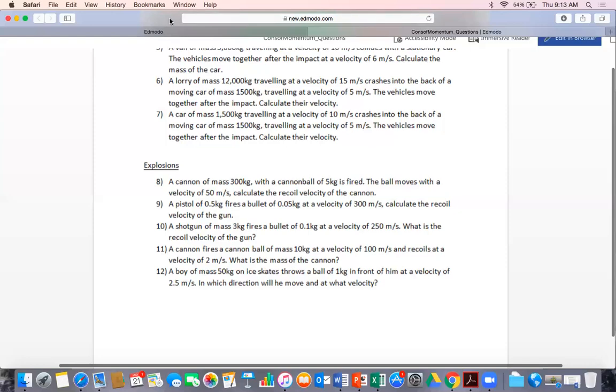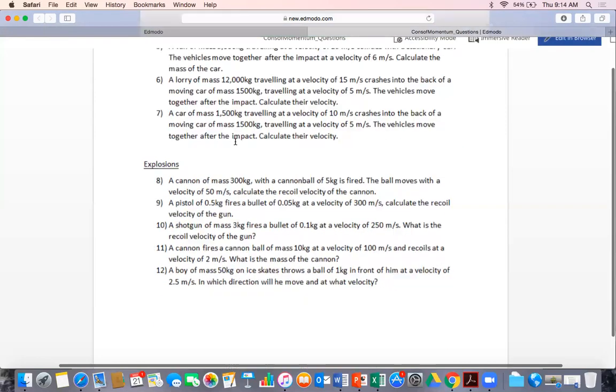Okay, and then I have the cannonball 5 kg moving with a velocity of 50. So the momentum of the ball itself is 5 times 50, because momentum is mass times velocity, which is 250. That is the momentum of the ball. And then the cannon is 300 kg, and we want to find out its velocity.